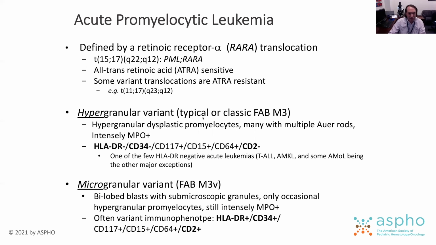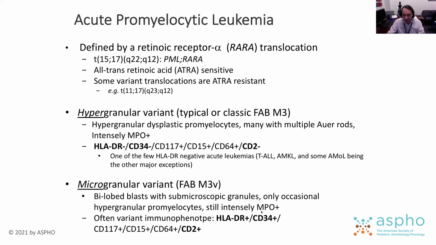I've made the distinction between the hypergranular variant, where there are hypergranular dysplastic promyelocytes, often with multiple Auer rods, with the classic HLA-DR negative phenotype. But of course, this disease is tricky. The microgranular variant has these bilobed blasts, often with submicroscopic granules, but is yet very strongly MPO positive and can be HLA-DR and CD34 positive.